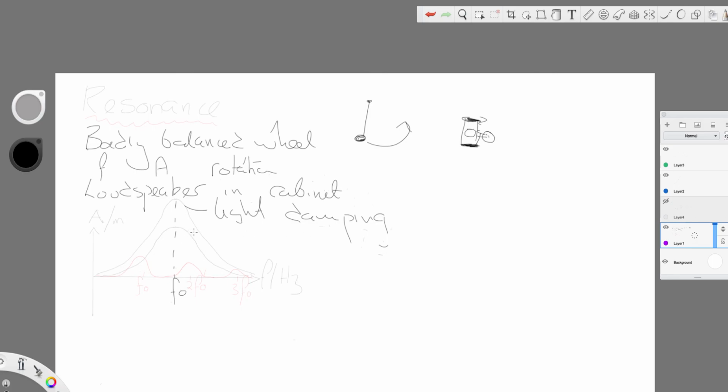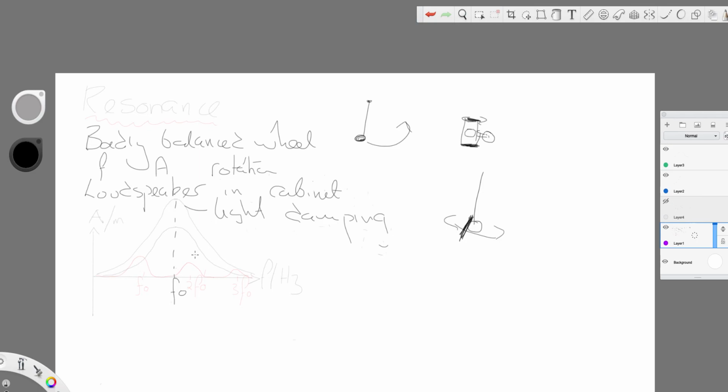If we were to take, let's say, our pendulum, and it's air damped, and then we were to attach a piece of card to our pendulum, so as it swings, the air resistance is increased. So we get this, and notice how the amplitude is reduced and the width of the curve is increased.